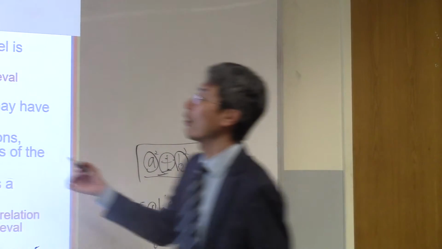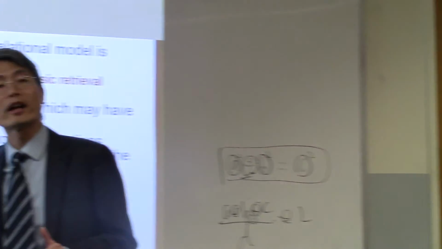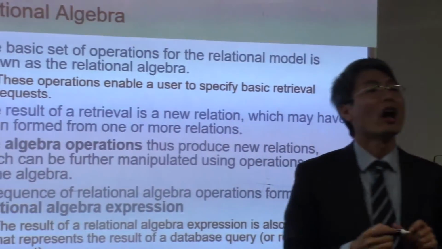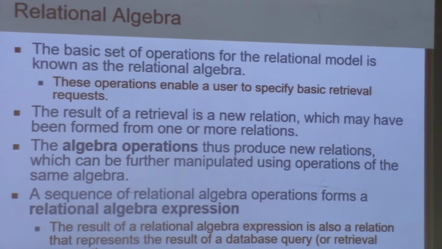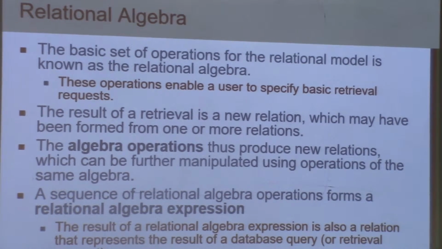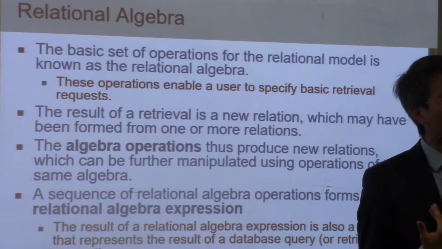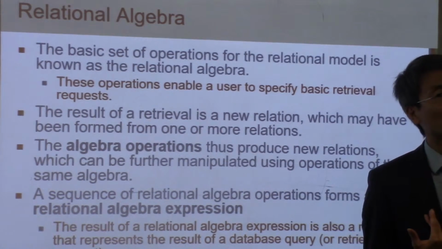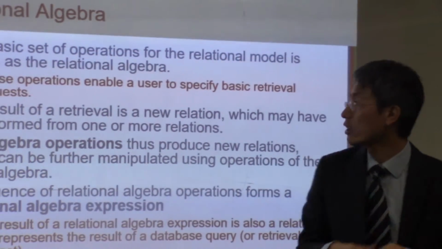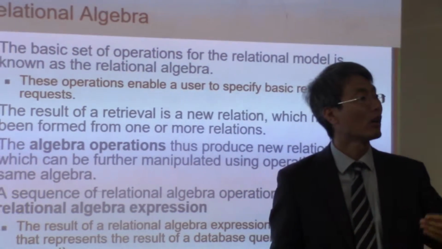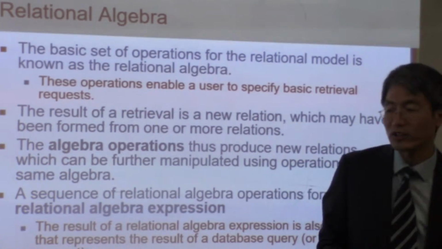Similarly, if we combine several algebraic operations, it is called an algebra expression. Okay. So first operation. By the way, why do we need such algebra operations and algebra expressions? We'd like to access the data. So this operation provides the method, the way to access such data.